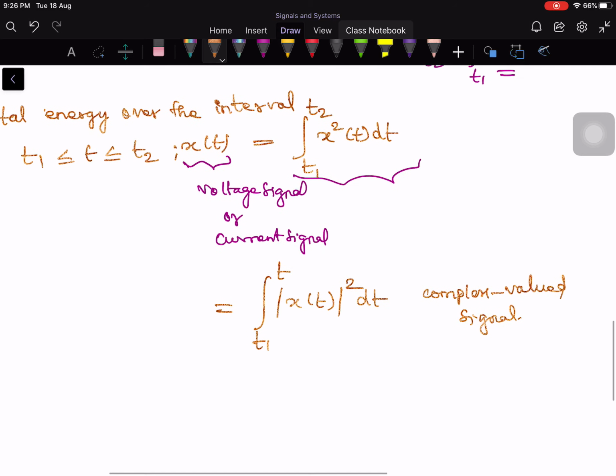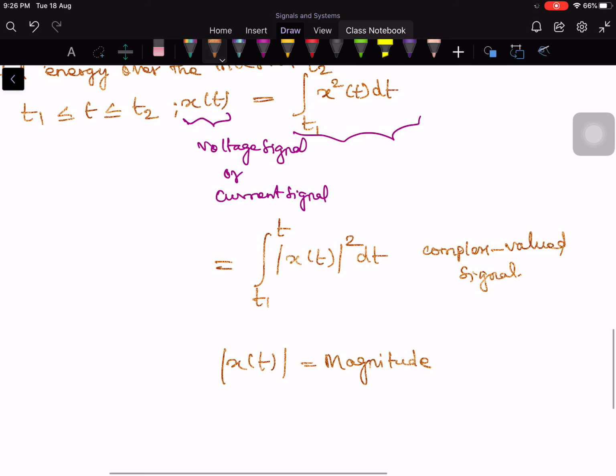Okay, so this is the total energy in the complex signal. Here the vertical bars around x of t indicate the magnitude operation, the magnitude of the number x.